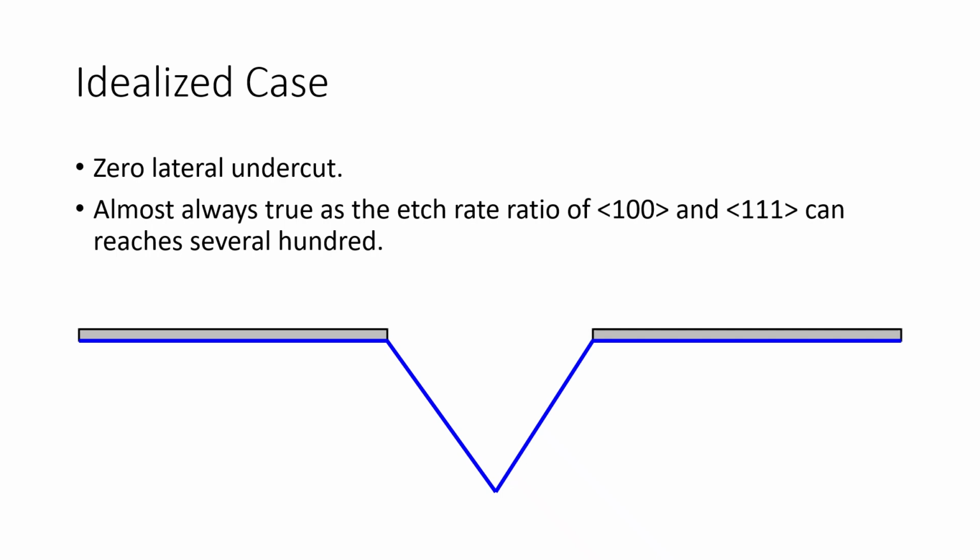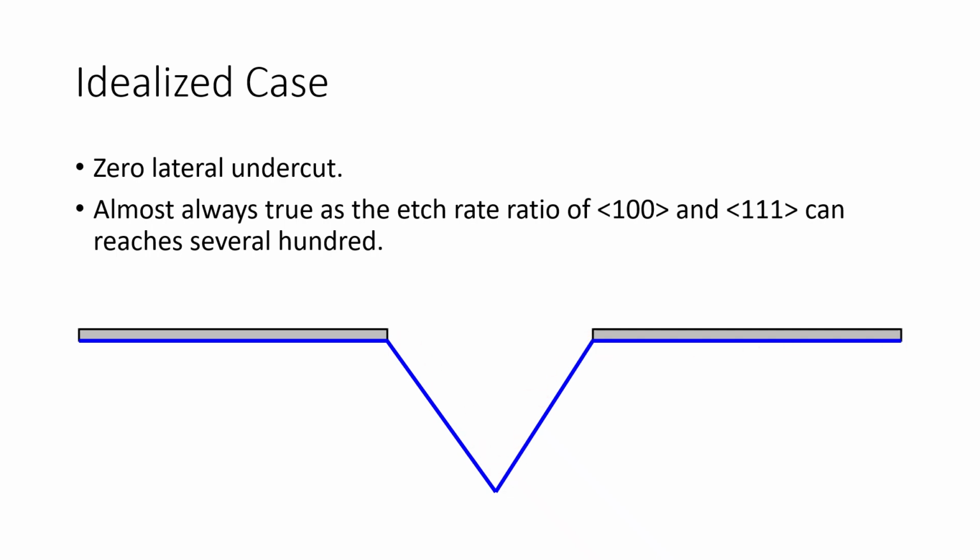The idealized case, of course, is when the etch rate in 111 is exactly 0 or is completely negligible. Then you have 0 undercut. The etch rate is 0 at 111, and the cavity would be bound after forming the inverted pyramid.